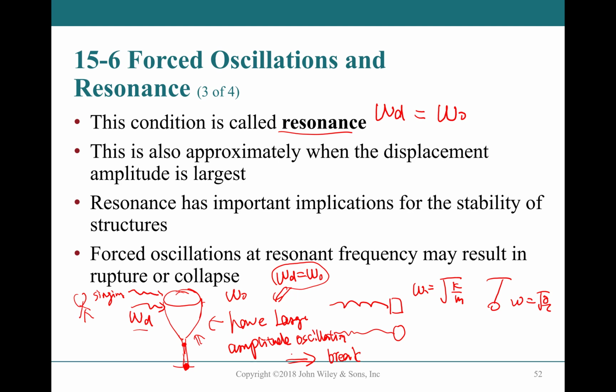And you also have other examples of when resonance happens. If you are crossing a bridge, if you have a team of football players, or a team of army soldiers crossing the bridge, and everybody is stepping on the bridge at the same frequency, and when the frequency of the footsteps omega d matches the natural frequency of the bridge, then the bridge will start to oscillate, and in the end, it may collapse.